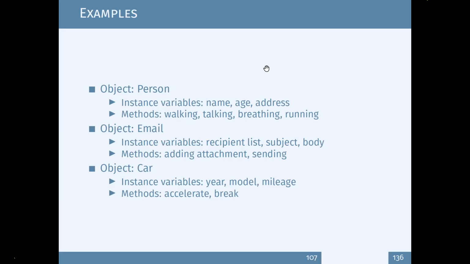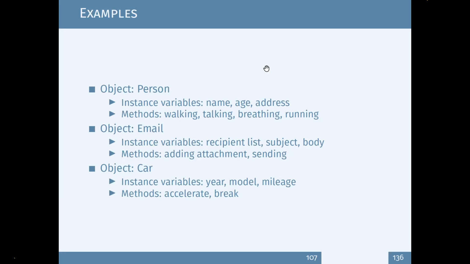Now let's look at some more examples. In this one, we have instance variables for a person. We can have name, age, and address. And then you can also have methods like walking, talking, breathing, and running. Similarly, you have email.